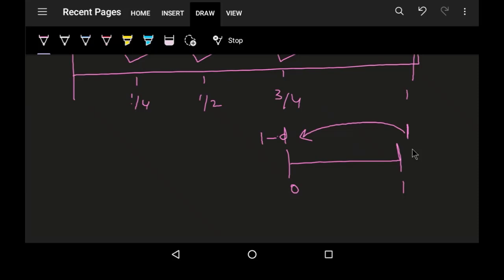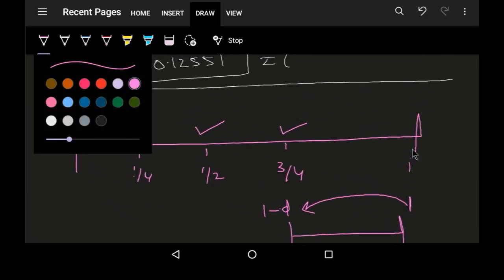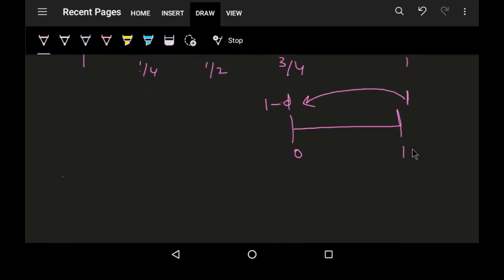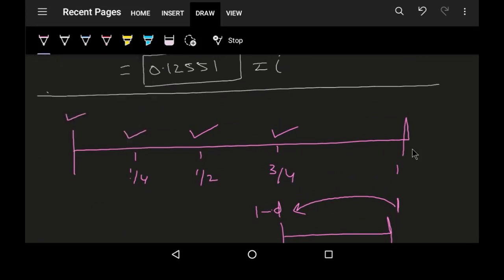Similarly, just like we did earlier with interest rate, suppose we are given that d4 equals 12%. So what we'll do, we'll assume that we are paying 12% nominal discount per annum in 4 equal installments.